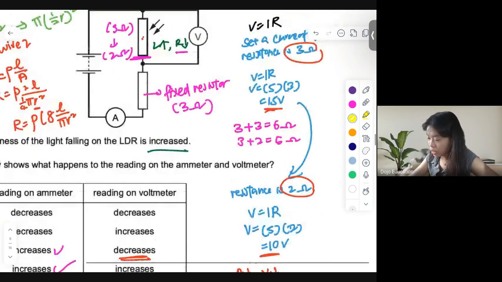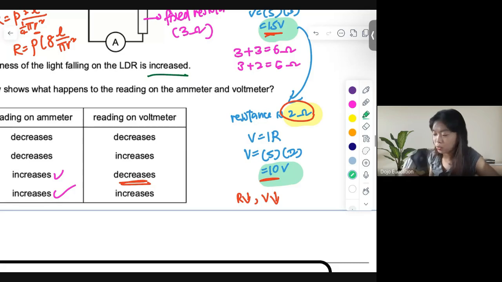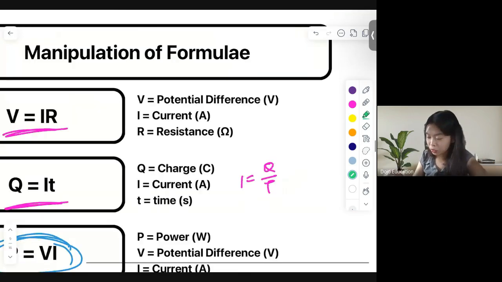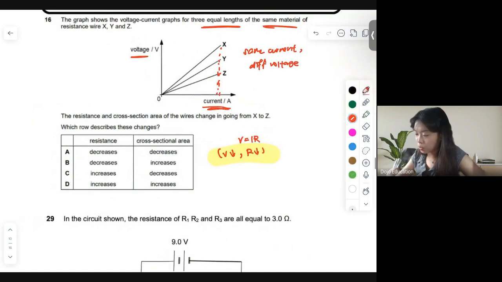When V decreases from 3 to 2, and the voltage decreases from 15 to 10, they are directly proportional. So here my voltage decreased, my resistance also decreased.